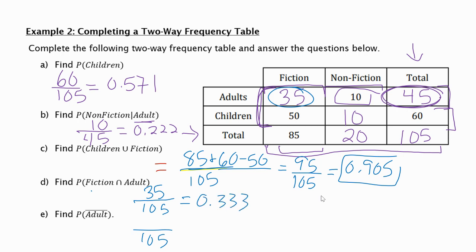And then the last one is the probability that they're not an adult. That means we're not including any of this right here. In this table, if they're not an adult, they're a child, so that would be 60, and it's 60 out of 105. It's actually the same as the probability of a child, which we already did for A.